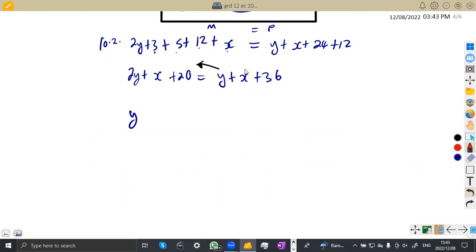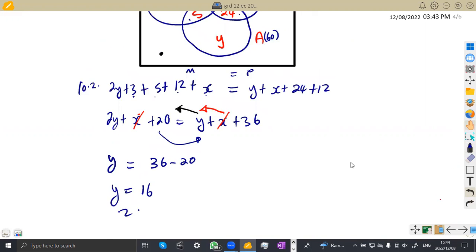Okay, if we transpose x to the other side, it will be a minus x. So x minus x will cancel. So you've got a 0 there. So y is equal to 36 minus 20. If we transpose 20 to that side, it becomes a negative. So y is equal to 36 minus 20, which is equal to 16. So we have the value of y.